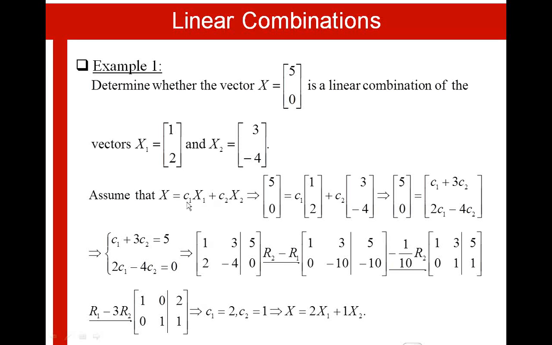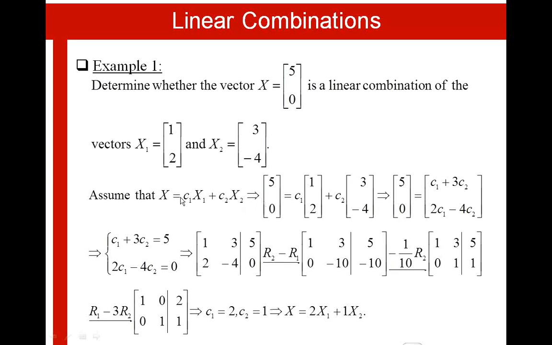In other words, x is equal to c1 times x1 plus c2 times x2. Once we get these two values, if they exist, it means that the vector can be written. Otherwise, if these two values cannot exist, then x cannot be written as a linear combination of x1 and x2.